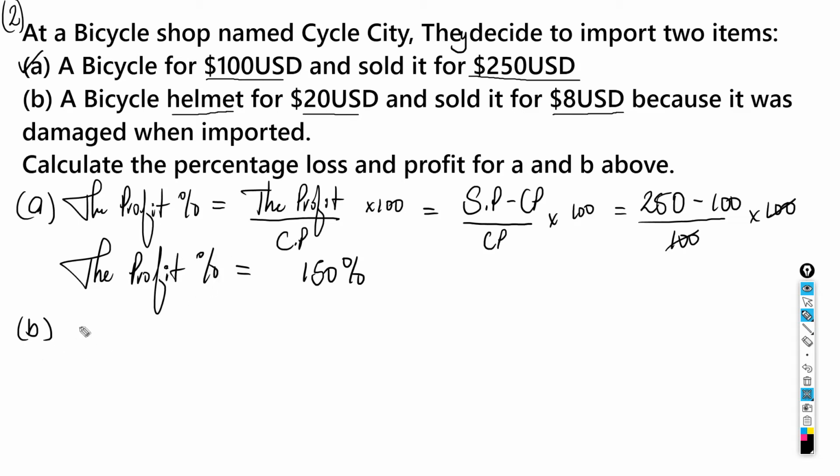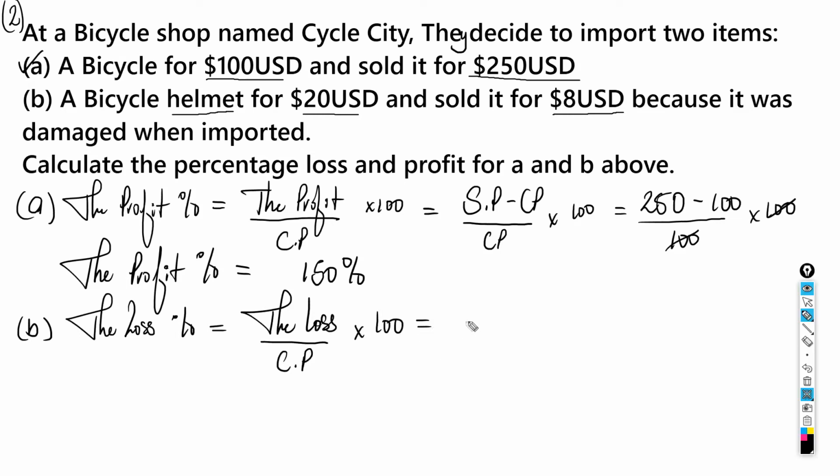So the loss percentage is equal to the same thing, the loss over the cost price multiplied by 100, which is equal to the cost price minus the selling price over the cost price multiplied by 100. The cost price is $20, and they sold it for $8, so it's 20 minus 8 over the $20 multiplied by 100.